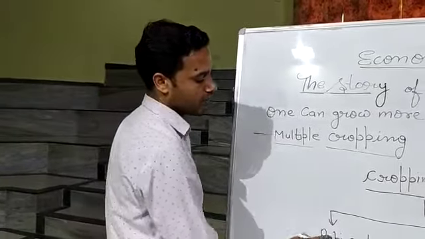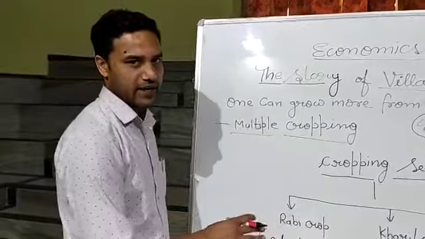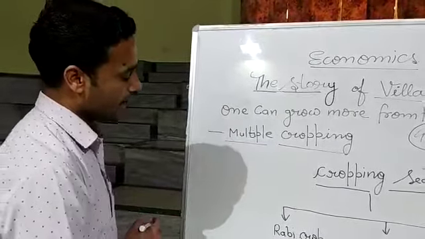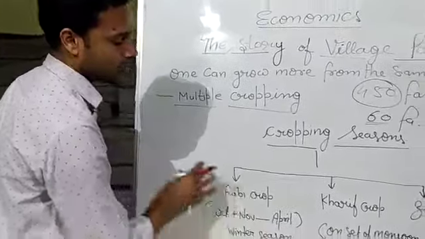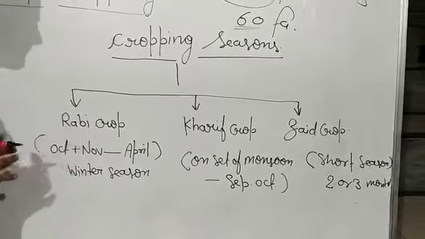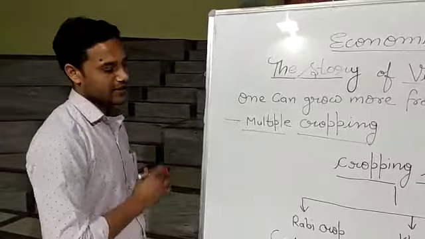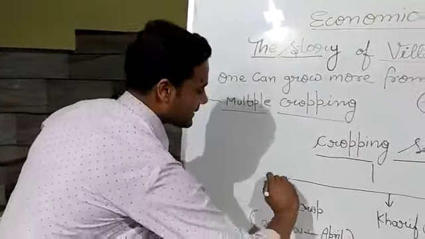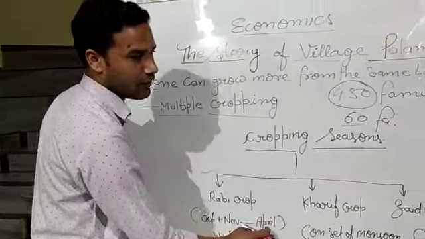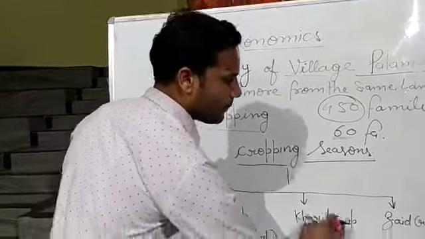If we talk about Punjab, Haryana, Uttar Pradesh, Bihar, and many other states located in the North Indian plain, they mostly grow wheat and barley in this season, while Punjab has the highest productivity per hectare compared to other states. So the Rabi cropping season is sown in October and November and harvested in the month of April.